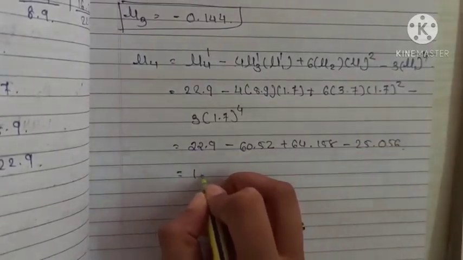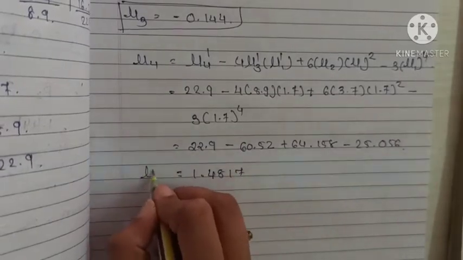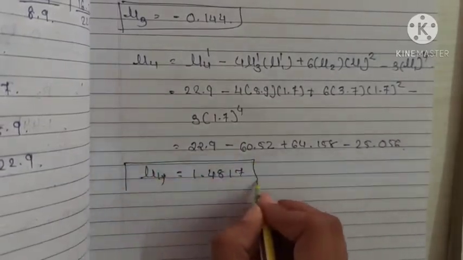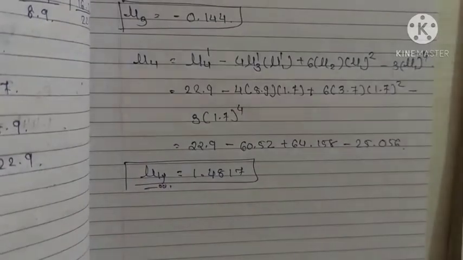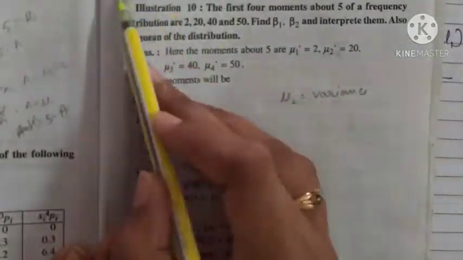Answer will come 1.4817. That is mu 4. Understood?